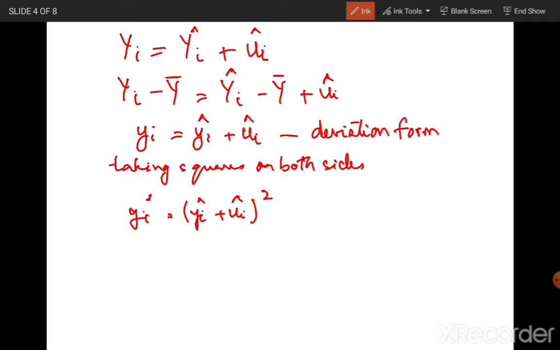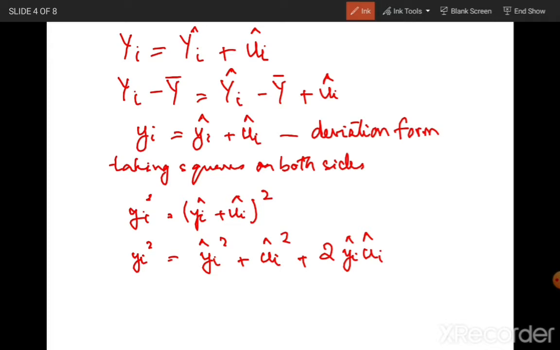So I can write that as yi square is equal to yi hat square plus ui hat square plus 2 times yi hat ui hat. So a plus b whole square is equal to a square plus b square plus 2ab. That's the formula that I have used for expanding on the right hand side.